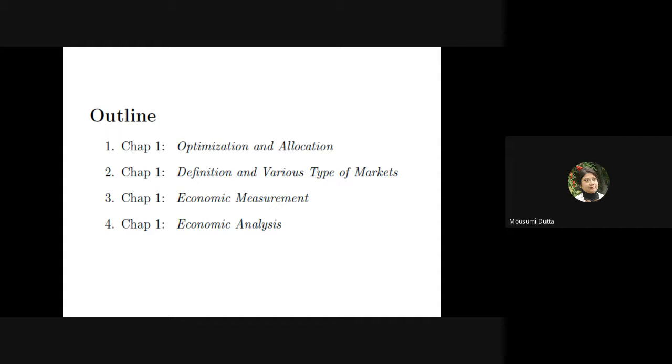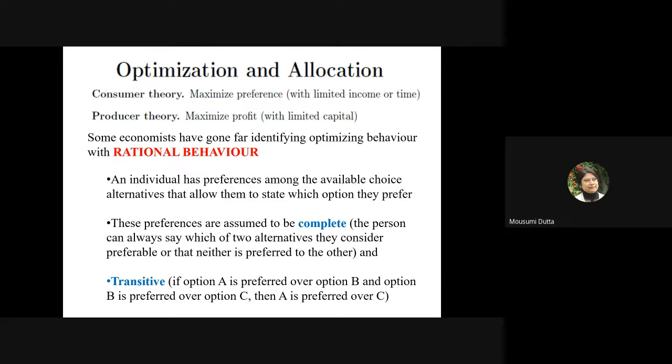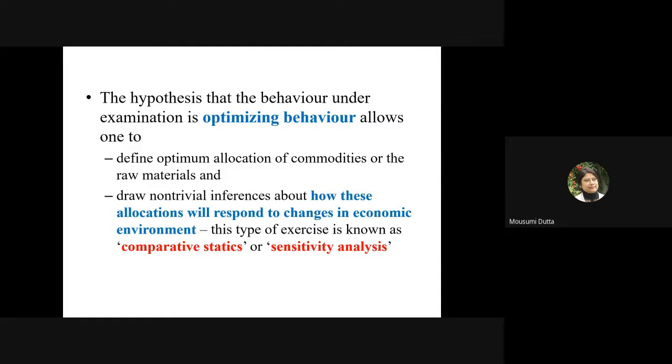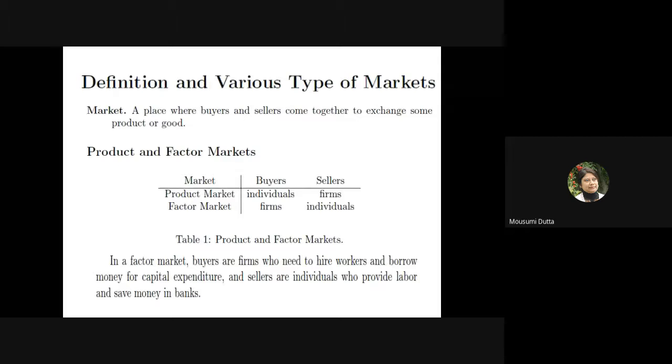Next, I am trying to introduce some definitions of various types of markets, because in the first subsection, I told you about two types of agents in an economy, consumer and producer. Microeconomics will consider broadly these two types of agents, consumers and producers.